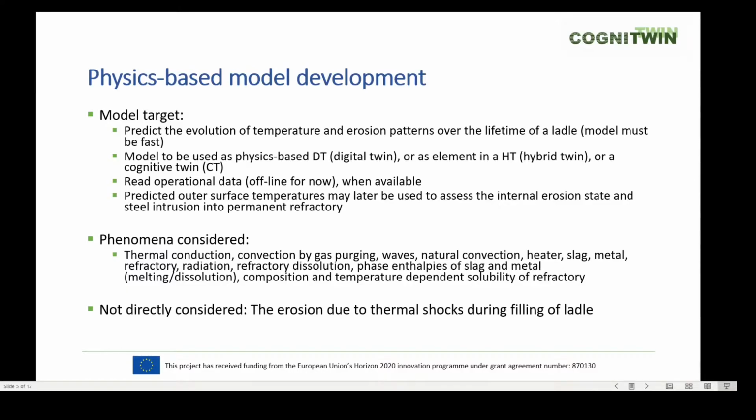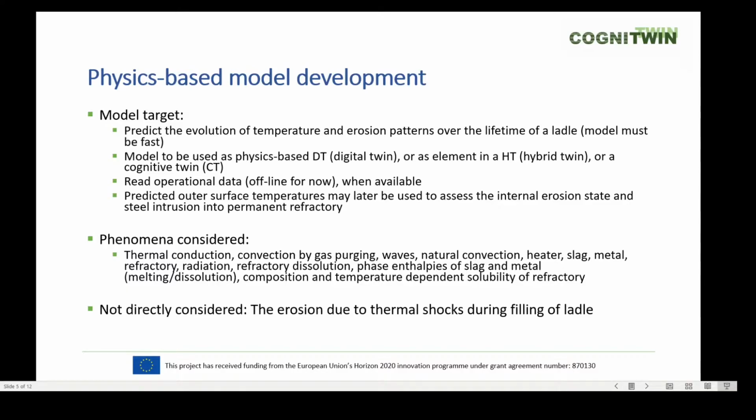And of course, the refractory dissolution itself, and the phase enthalpies of the slag and the metal. These are also important for melting and dissolution, to be able to model this in an appropriate way. And finally, we predict the composition and temperature-dependent solubility of the refractory.